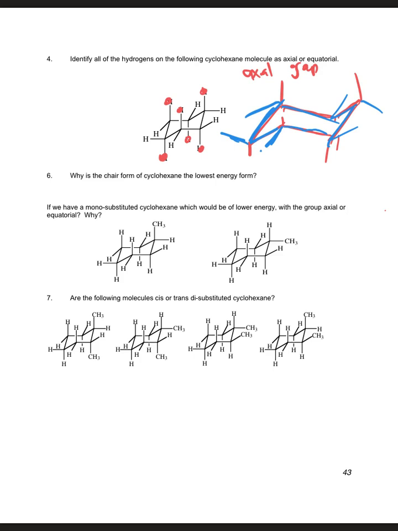Okay, so the blue groups are all the equatorial groups. Okay, and it just takes practice in trying to draw it and getting good at it. It's not something that comes easy.